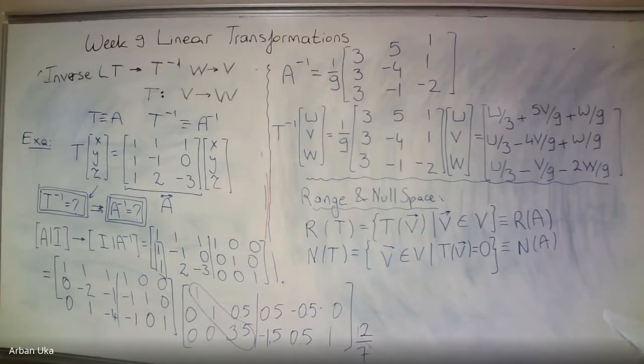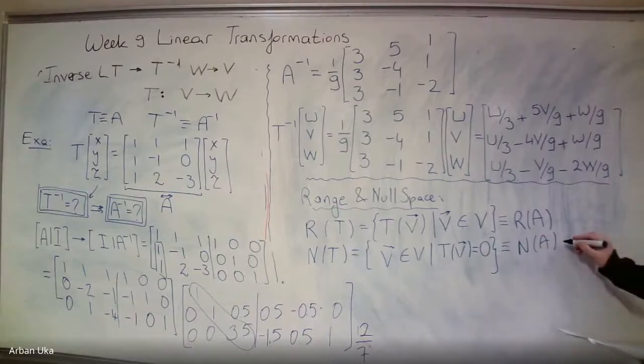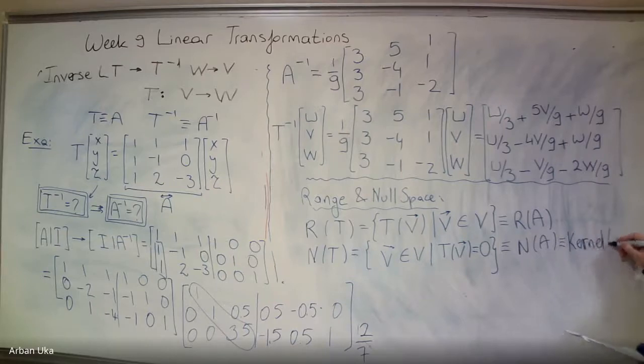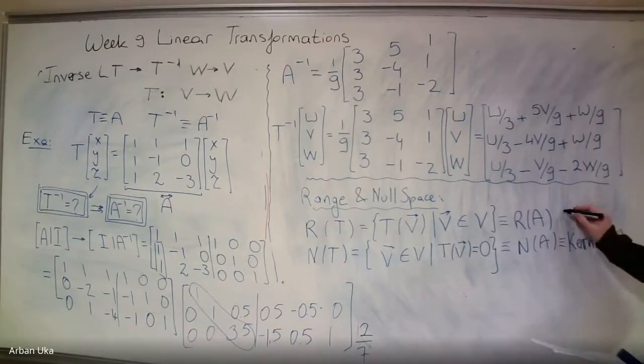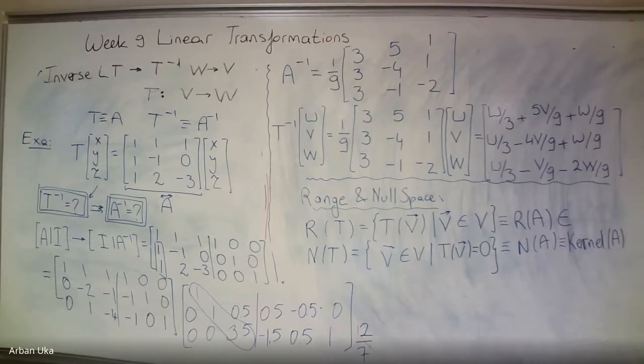Now, null space here, in this domain, we can also call this one the kernel. Kernel of A is in fact also denoted as the null space of A, and this is the range of A. And what subspace is this?